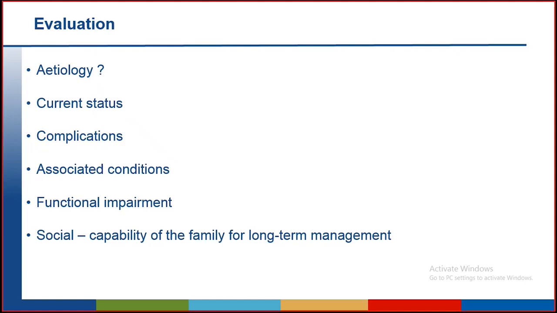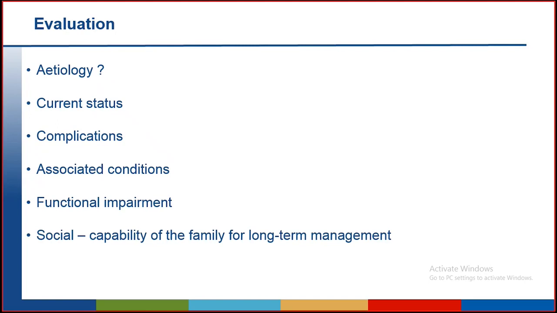And then finally, we should have a very good idea about their social background, their expectations, their knowledge about the disease, their education level, their economic aspect, and social supports, because most of these chronic lung diseases, once established, are not reversible and usually follow a deteriorating path. Someday, the child might need some sort of sophisticated support.